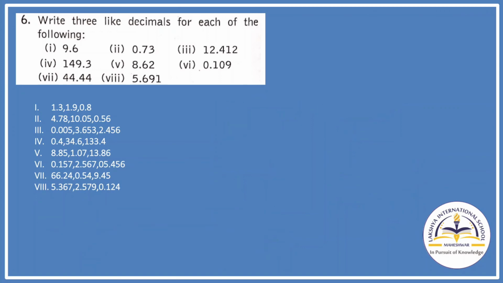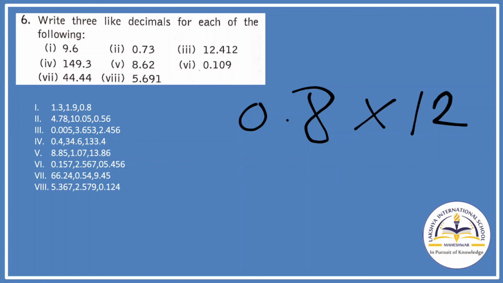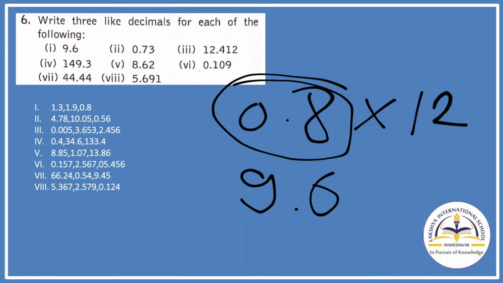Suppose 0.8. Now you can multiply by any number like 12. When you multiply 12 into 8, you will get 96. 9.6, because there is 0.8 and 0.8 multiplied by 12, you will get 9.6. It means 0.8 will also be a like decimal.